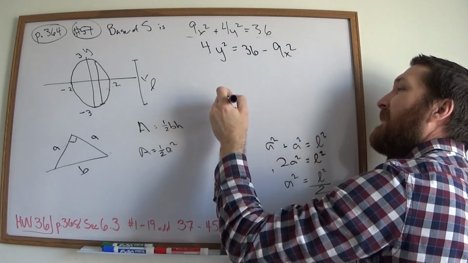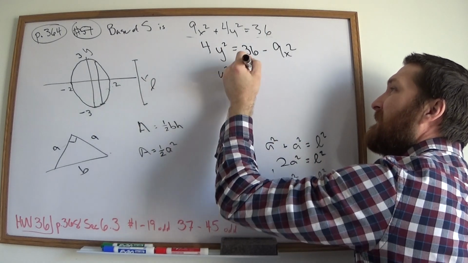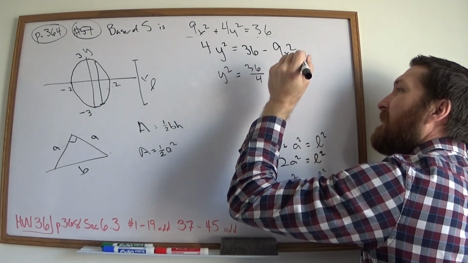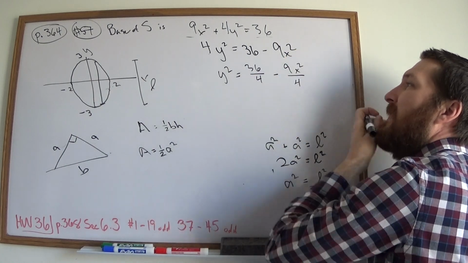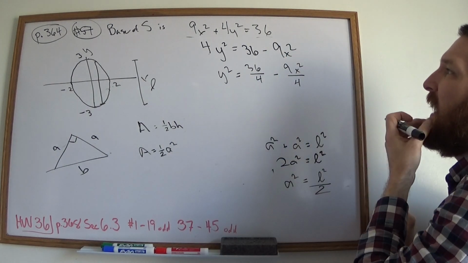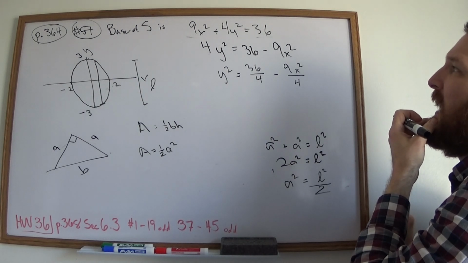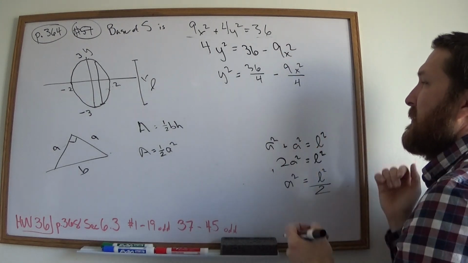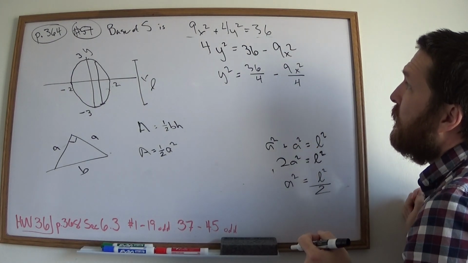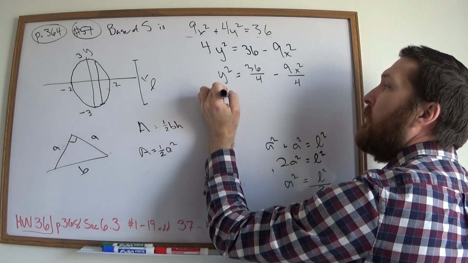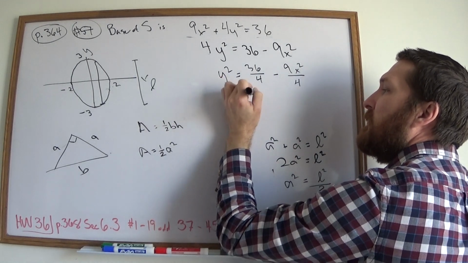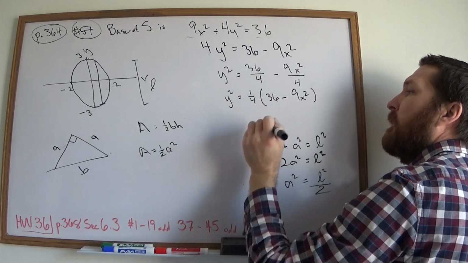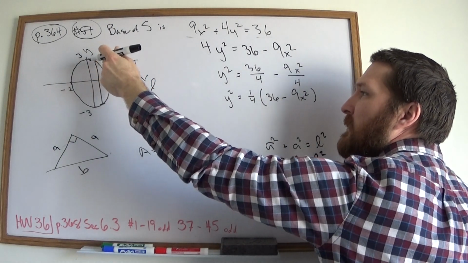I'm trying to get that y by itself, and so I could have just left it squared. It's 36 over 4. That looks right, because that's 3 squared over. Yeah, that works. So why don't I rewrite this? This will be a lot easier if I write it like this. Then I'm going to take the positive square root.